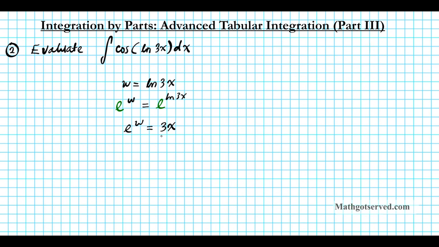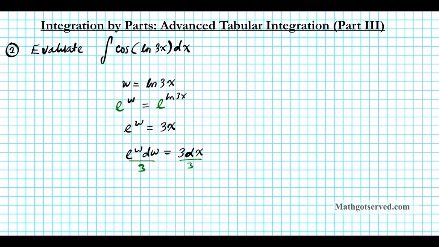Now let's go ahead and differentiate both sides. If I differentiate e to the w, I'll have e to the w dw. On the right side, if I differentiate 3x, I'll simply have 3 dx. Now I need dx isolated so I can substitute it. So I'll basically divide both sides by 3.